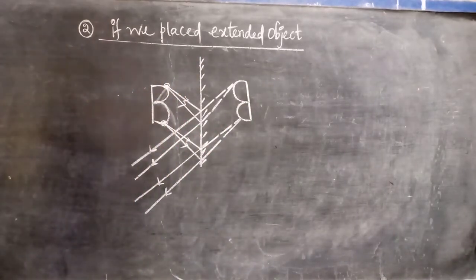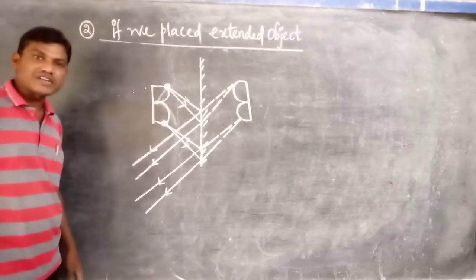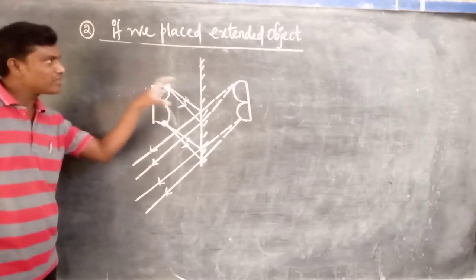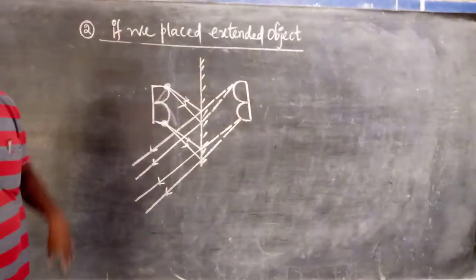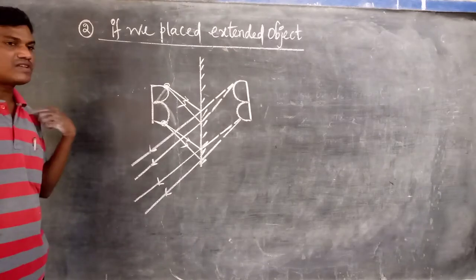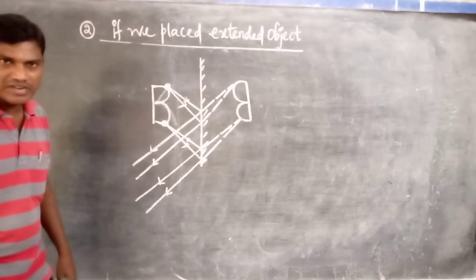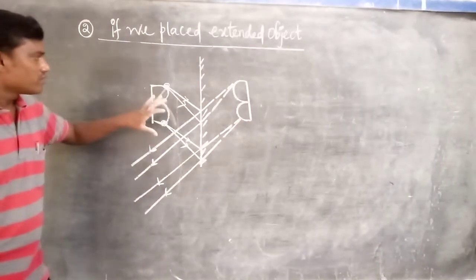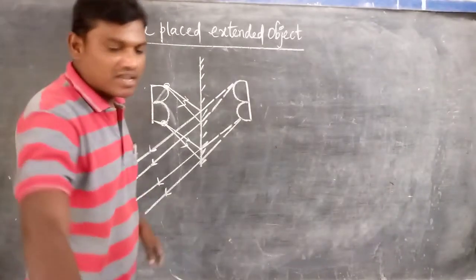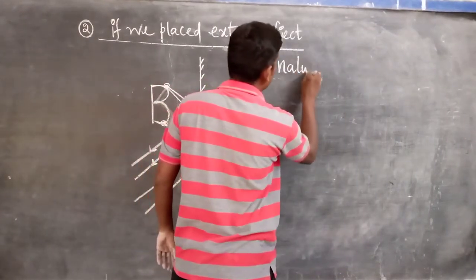Like this one. So we know that when an object is placed in front of a plane mirror, it appears in which mode? Reverse mode, that is called lateral inversion. It is nothing but left appears as right, and right appears as left. So listen very carefully here. The nature of the image formed by an extended object in a plane mirror.